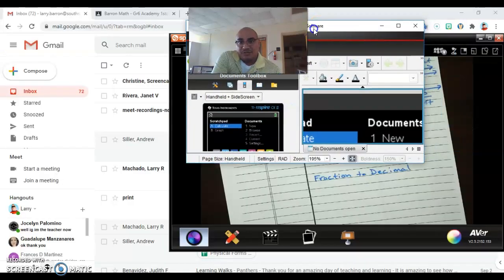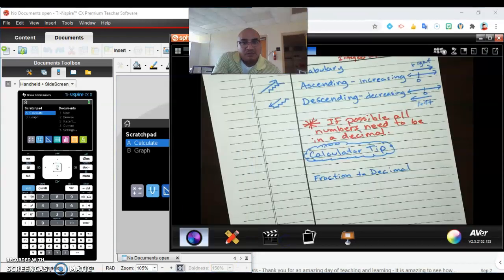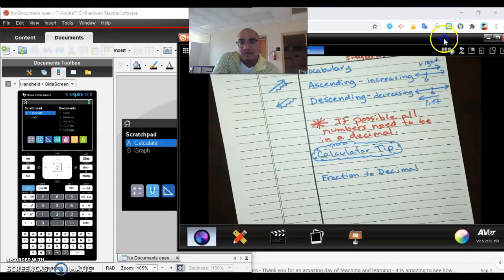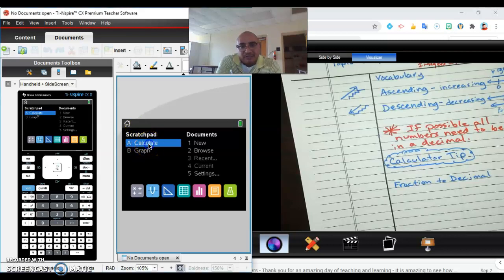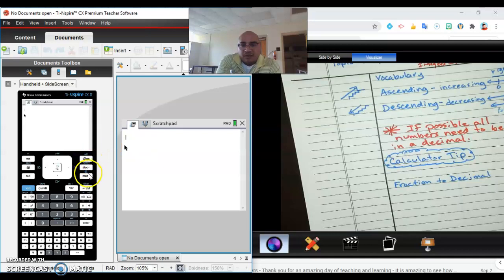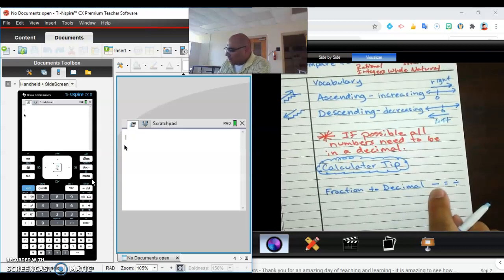So on my screen here, I want us to look right here at the calculator. What I want you to do is go to Scratchpad, calculate, which is A. And right here, if you remember, fraction means the same thing as to divide. So again, the fraction bar means to divide.